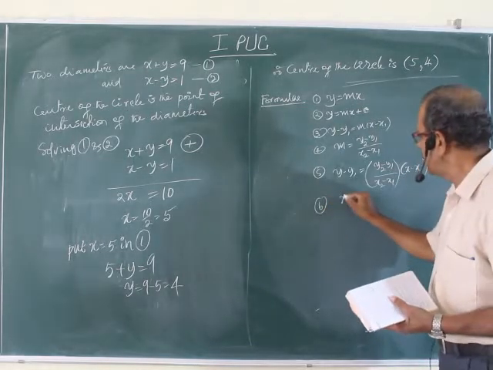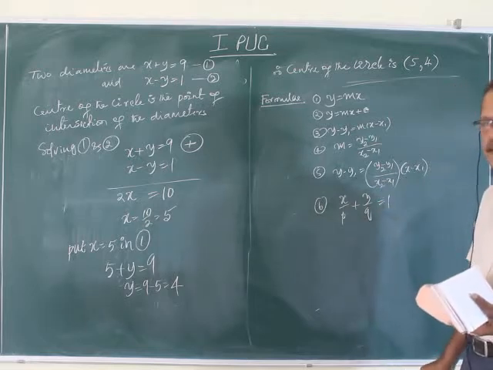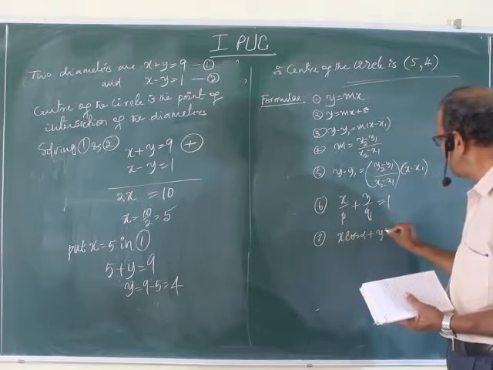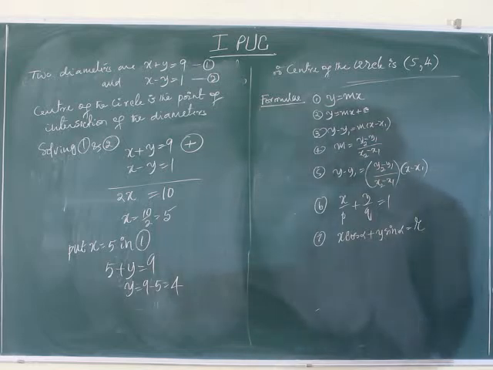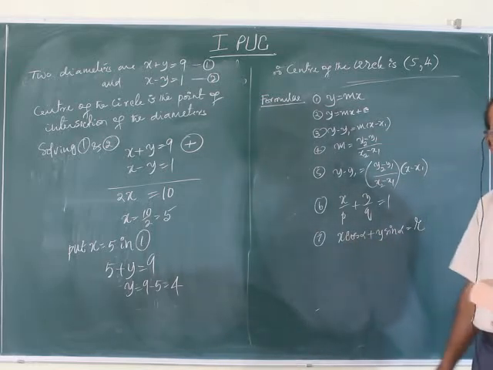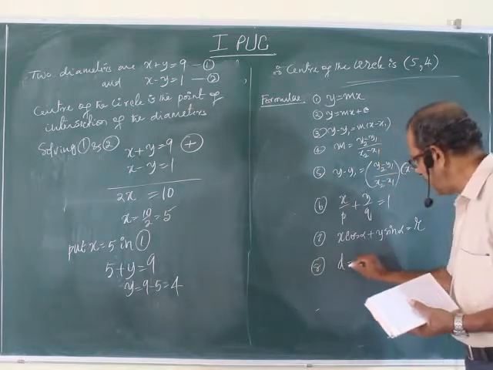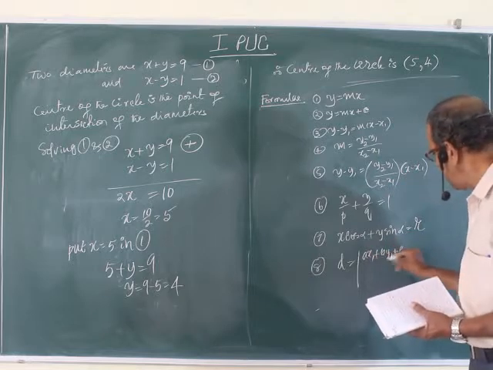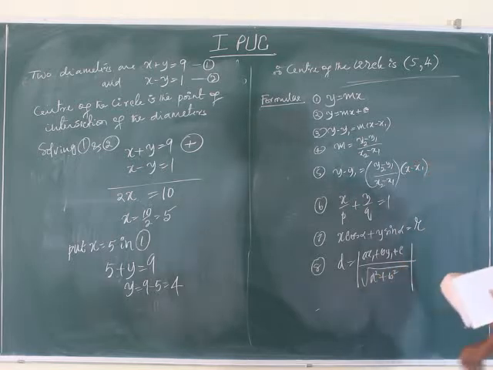Correct, no? x by p plus y by q equal to 1, intercept form. x cos alpha plus y sin alpha equal to r, normal form of the equation of the line. d equal to ax1 plus by1 plus c by root of a square plus b square. Formulas are not in order anyway.